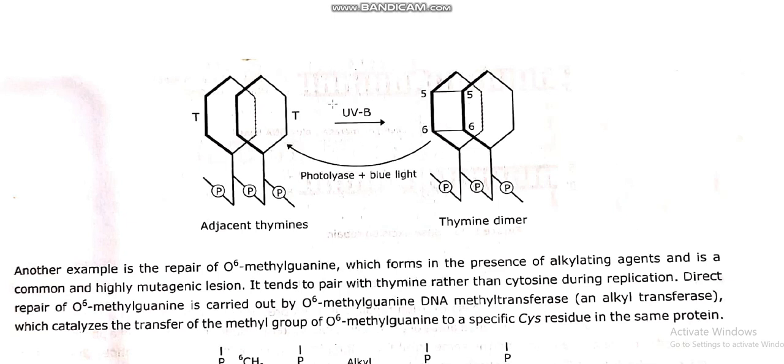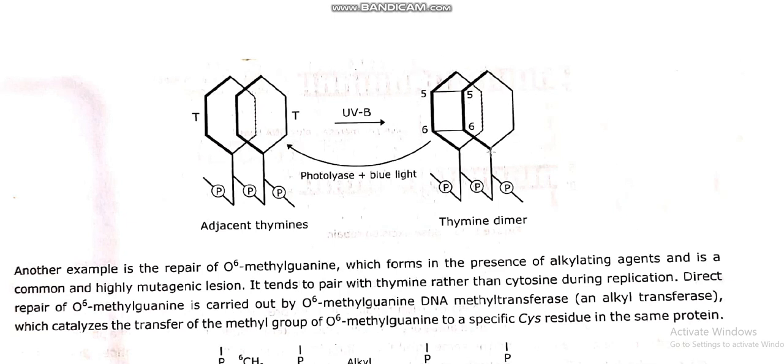By the incidence of UV light, the consecutive thymine bases have an affinity between them and will form a particular dimer. This is the dimeric form, two thymines, with the usual phosphodiester bond, as you can see. So this is all about the thymine dimer.